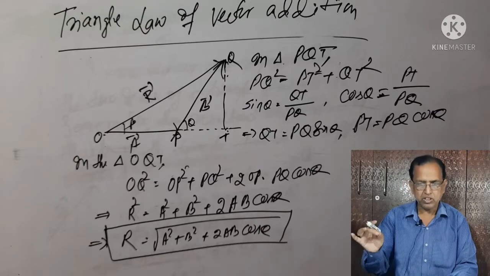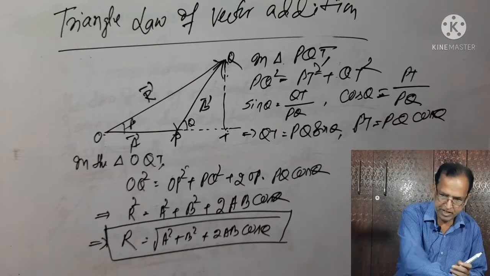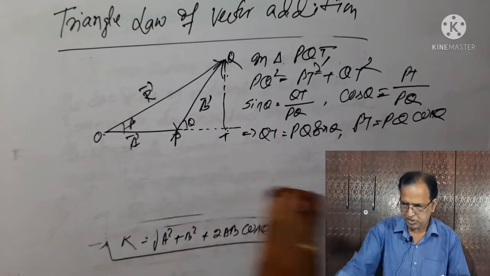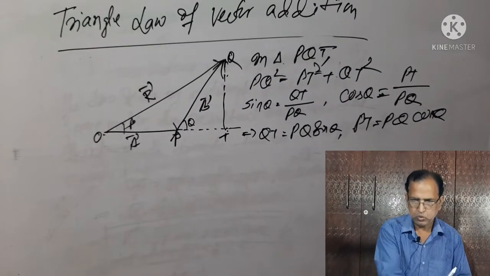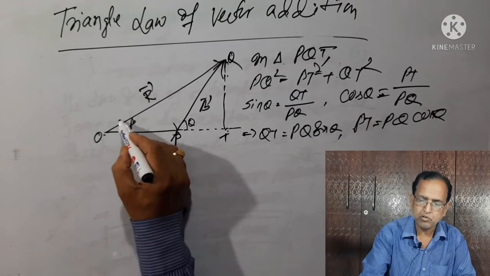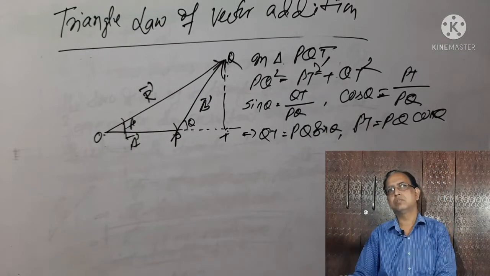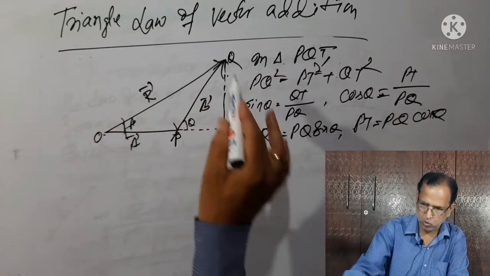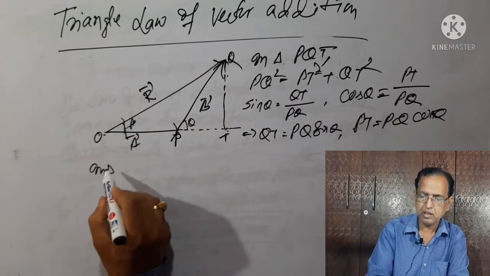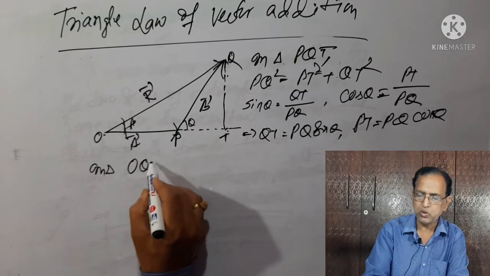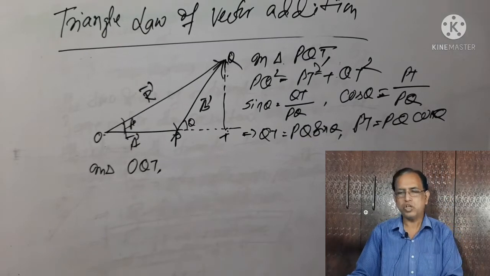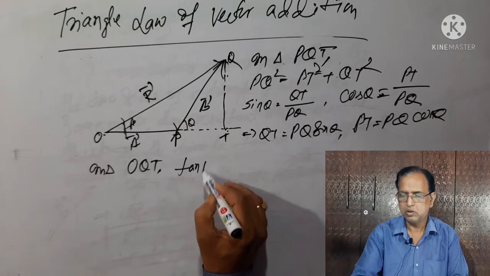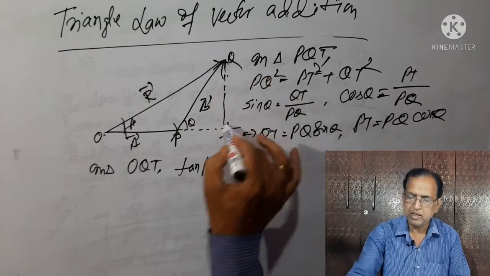Now direction. For the direction of the resultant, we find out the angle beta. In the triangle OQT, tan beta is equal to QT by OT.